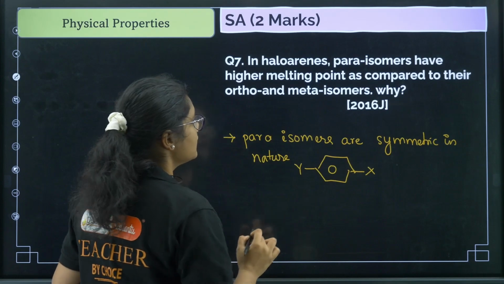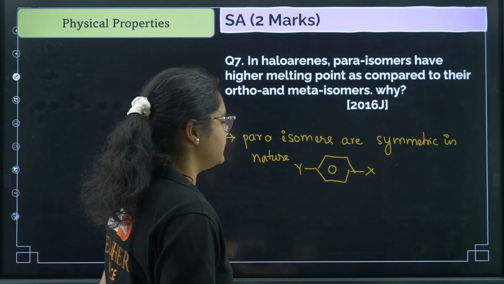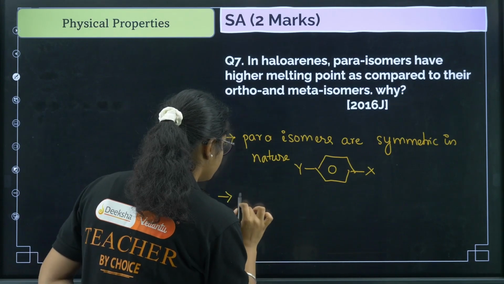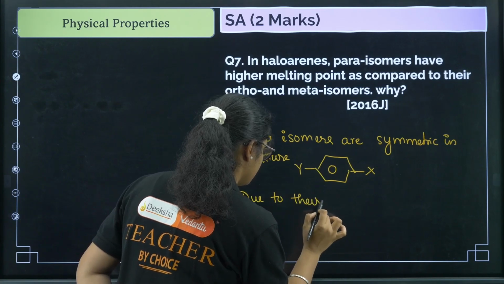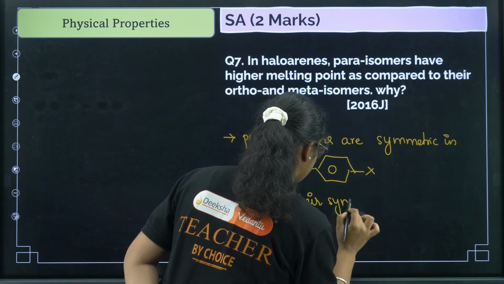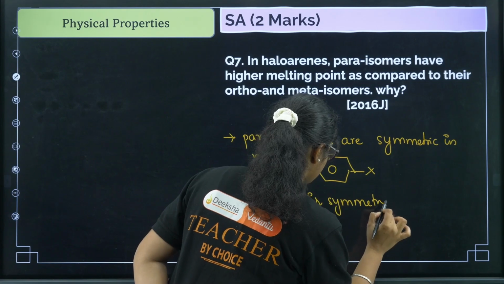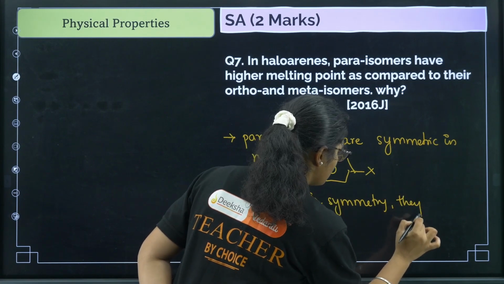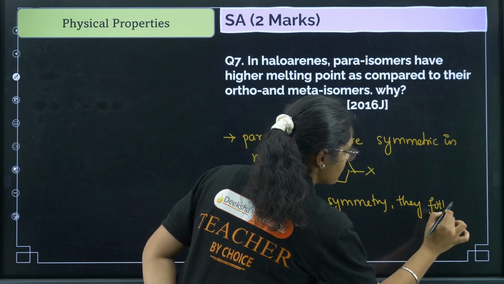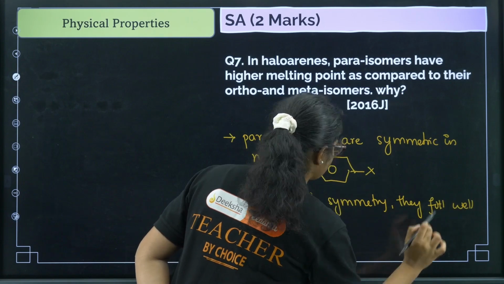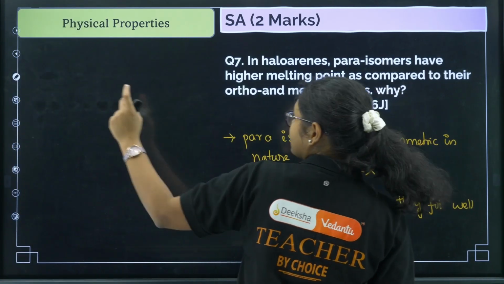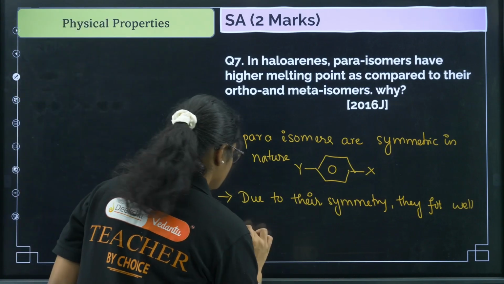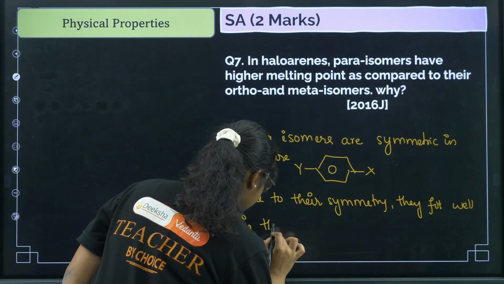Para isomers are symmetric in nature. Now due to their symmetry, they fit well in the lattice.